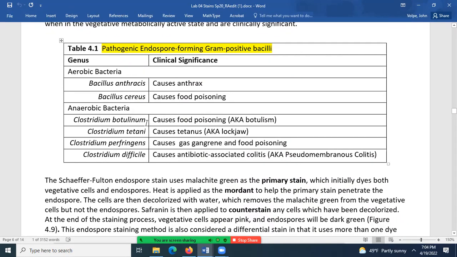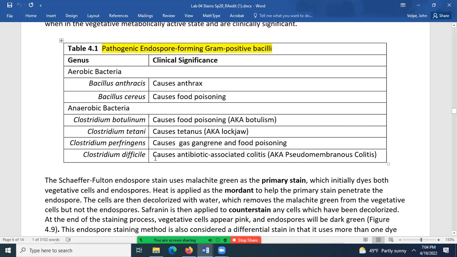Botulism, I'm sure you've heard of. Clostridium tetani, or tetanus, forms an endospore. Clostridium perfringens also causes food poisoning. So there are 3 that cause food poisoning and also form endospores.